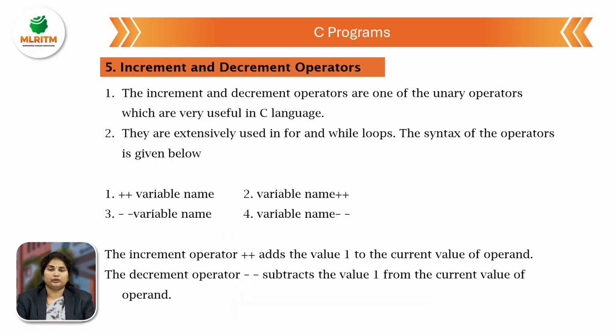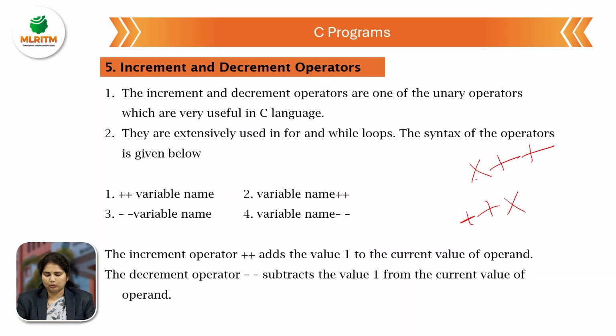Now coming to the important operators, that is increment and decrement operators. The increment and decrement operators are unary operators which are used in the C language. In increment and decrement operators we use only one operand. For example, taking x as a variable, we can write x plus plus or plus plus x.